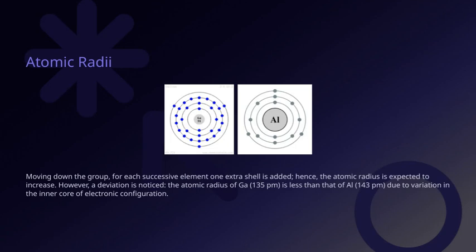As we move down the group, each successive element gains an extra electron shell, which generally causes the atomic radius to increase. This is because additional shells mean the outermost electrons are farther from the nucleus, making the atom larger. However, there's an interesting deviation here. For instance, the atomic radius of gallium, which is about 135 picometers, is actually smaller than that of aluminum, which is around 143 picometers.